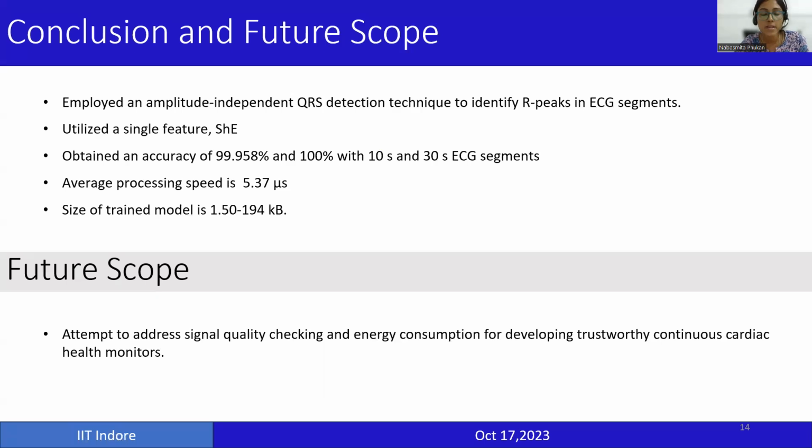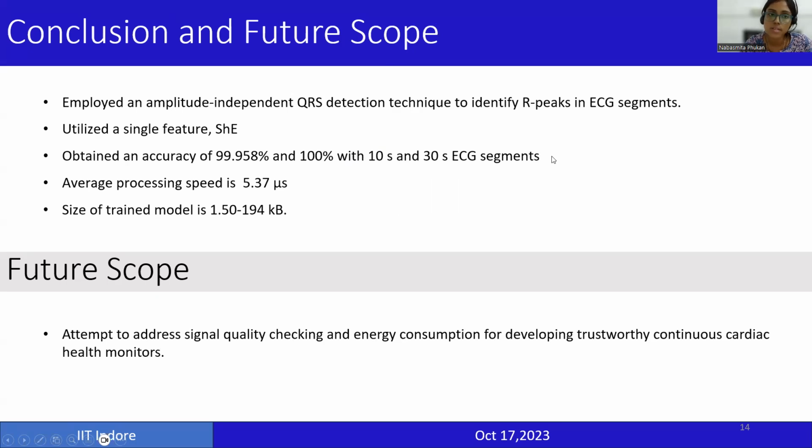Coming to the concluding remarks, we have employed an amplitude-independent QRS technique to identify R-peaks in ECG segments using a single feature, that is Shannon entropy. We have obtained an accuracy of 99.958% and 100% with 10-second and 30-second ECG segments.